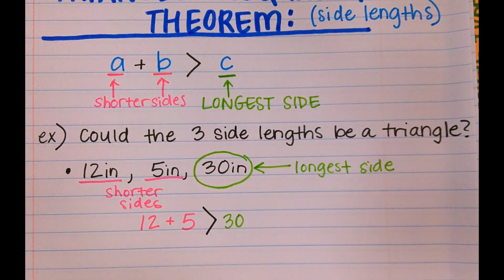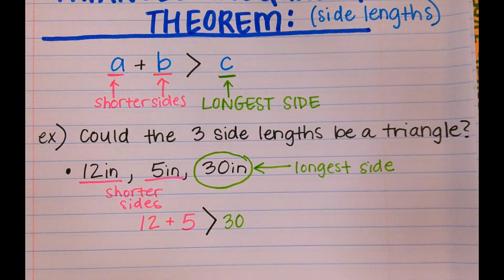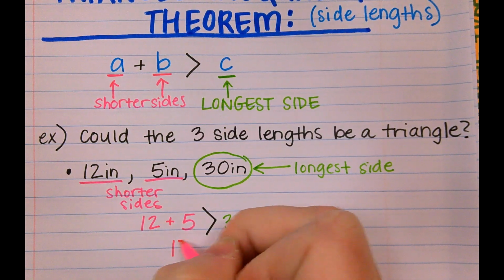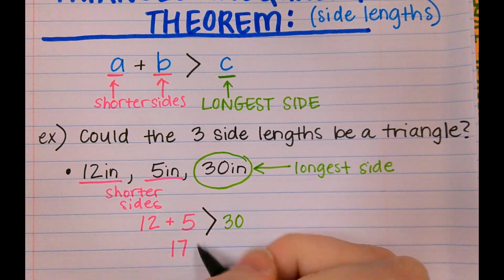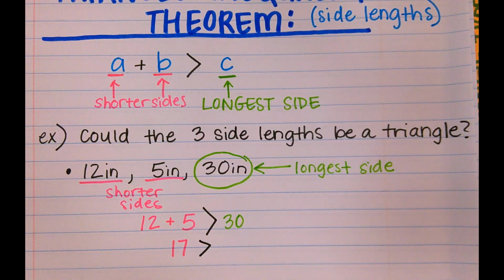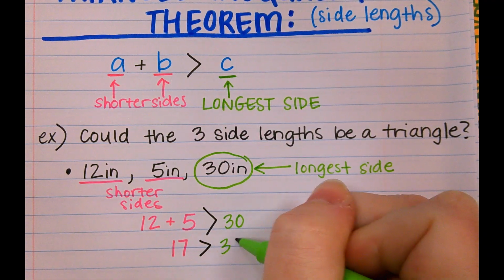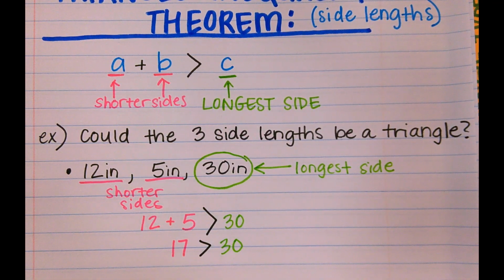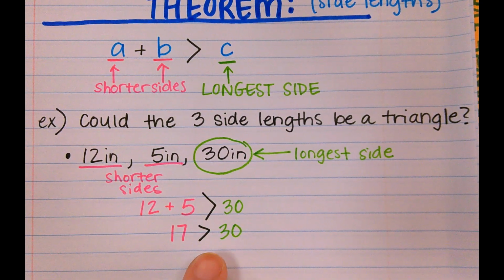What is 12 plus 5? 17. 17 is greater than 30. And now we ask ourselves a question. Is 17 greater than 30?